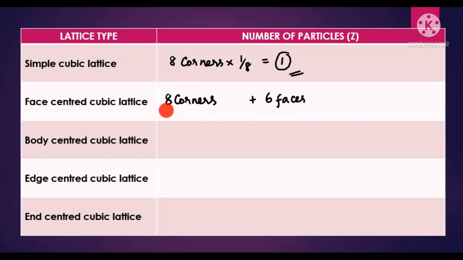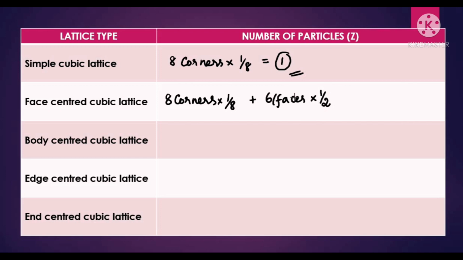But from each corner atom there will be only 1/8 contribution, is it not? Whereas in faces the contribution will be half. From one atom there will be half contribution to that unit cell, is it not?